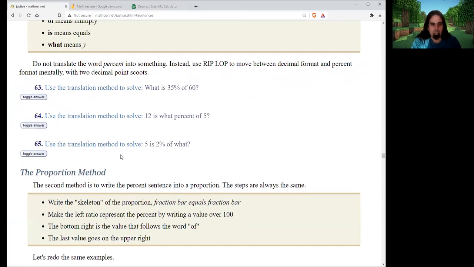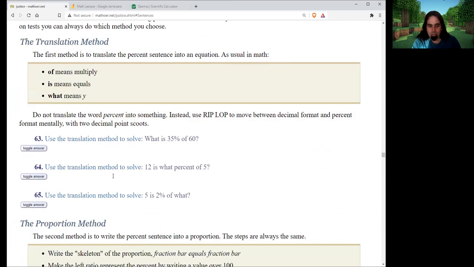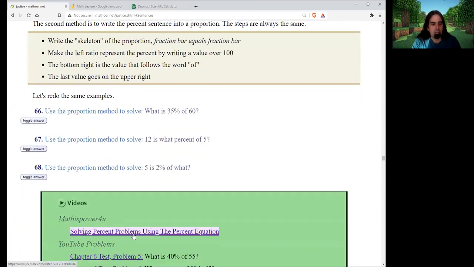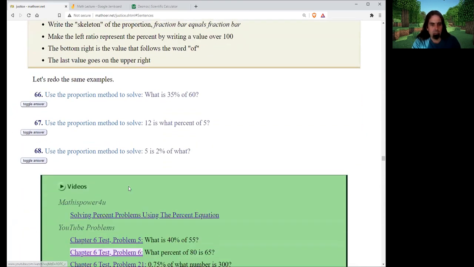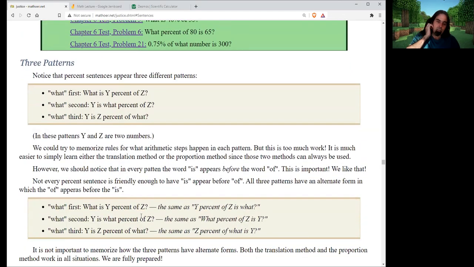Okay, so that's that. Let's look at what it looks like in the lecture notes. The translate method, I tell you those things that I wrote in red on that slide a few slides ago. The proportion method, I tell you those steps I wrote in red. And there's videos. There's a kind of pattern with the what being first or second or third, but don't worry about that.